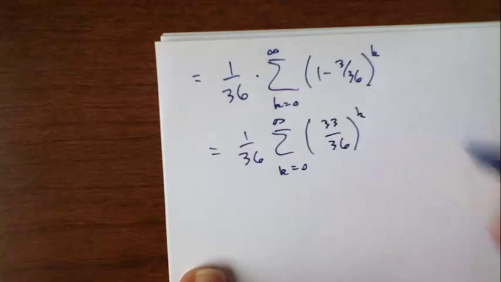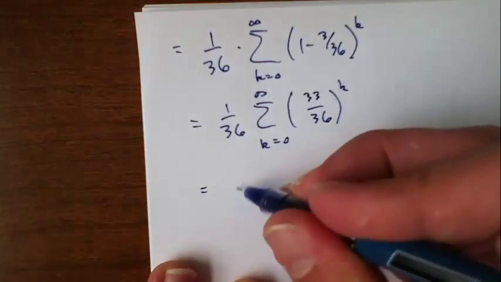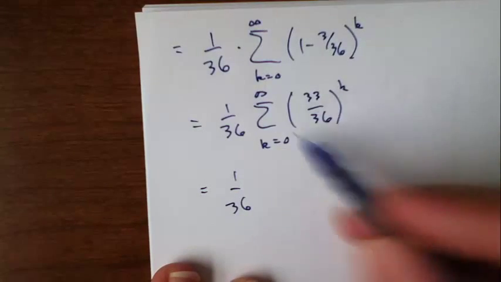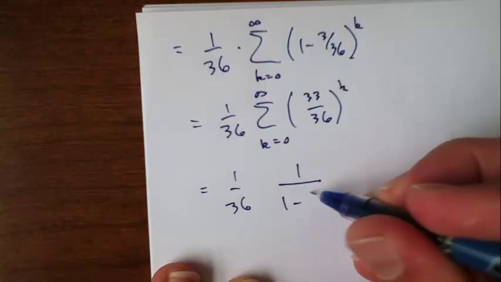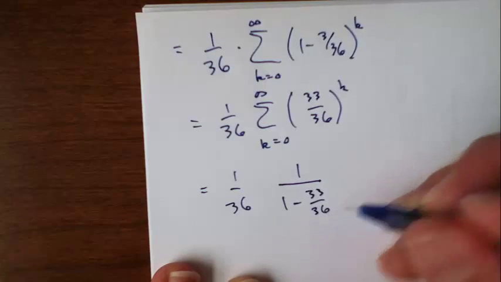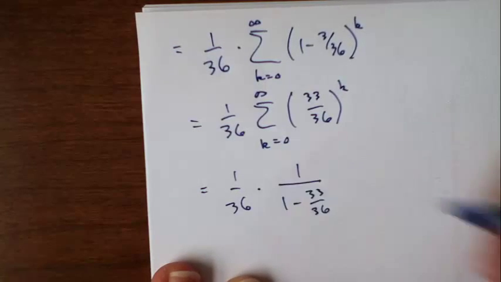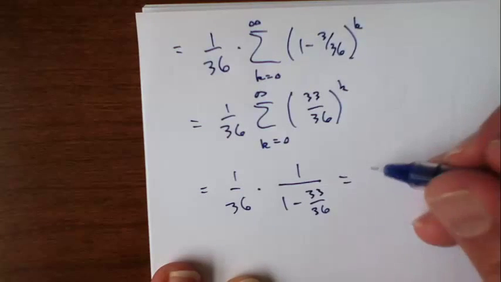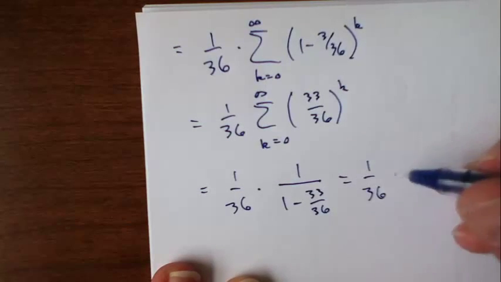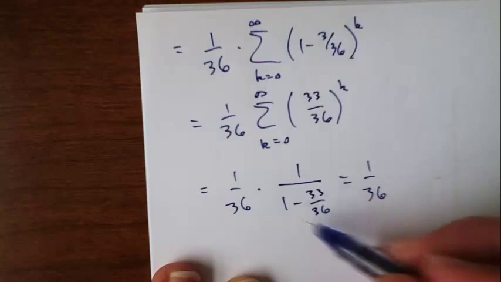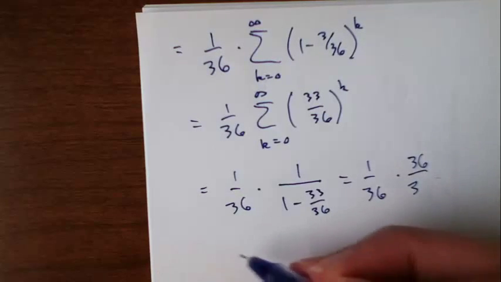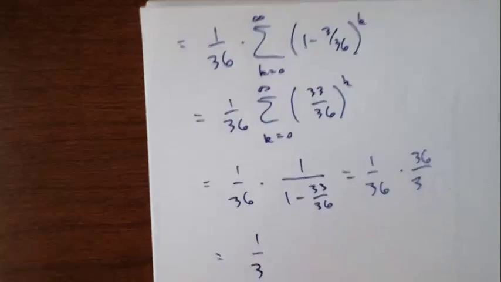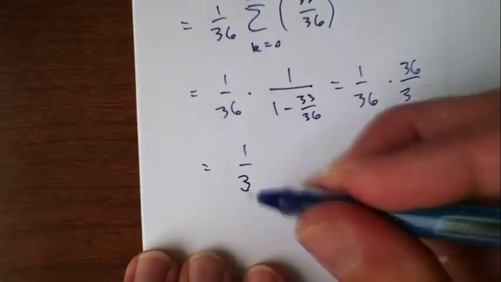Very good. Now, if you remember, this sum is going to be 1 over 1 minus 33 over 36. Does that reduce? What's this in the bottom? That's 3 out of 36, so I get 36 out of 3. There. The answer is 1/3. How about that? 1/3.